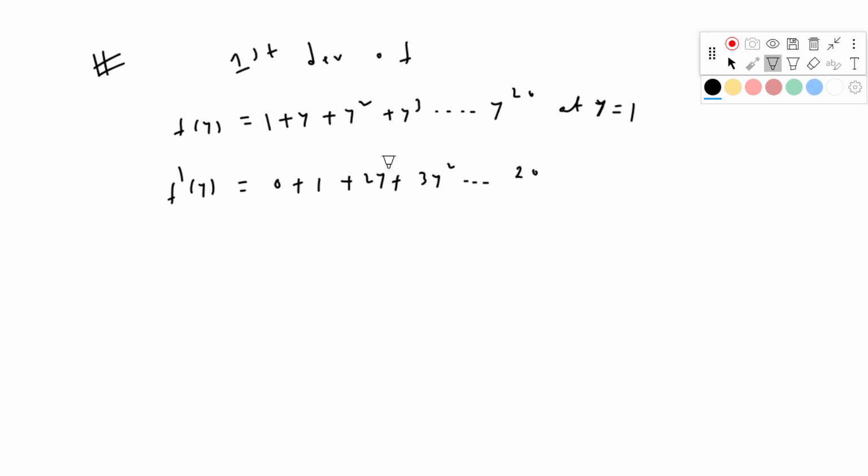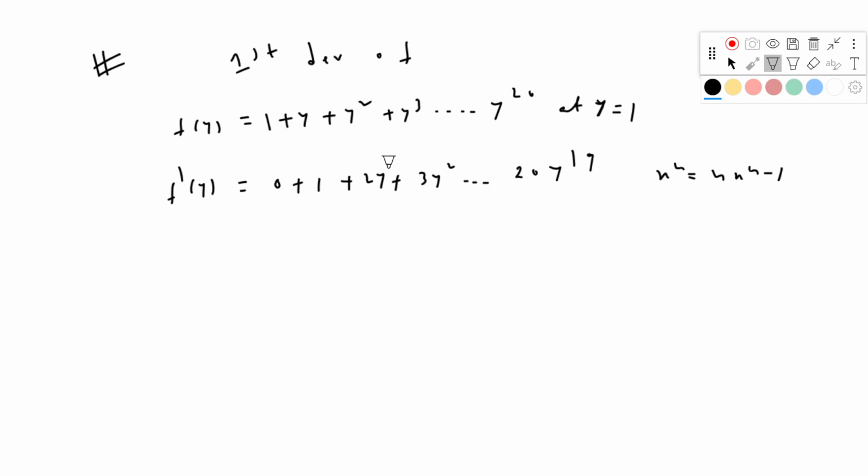The derivative of x power n equals n x power n minus 1. Integration of x power n is x power n plus 1 by n plus 1. Derivation of x power n equals n x power n minus 1. So 20 y power 20 minus 1, that is 20 y power 19. Okay. Here y square means 2y power 2 minus 1, that is this.